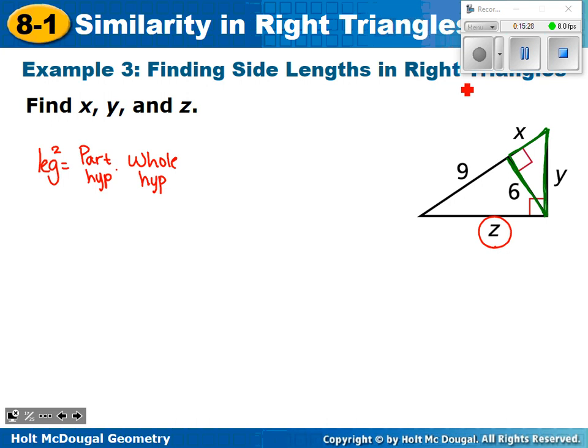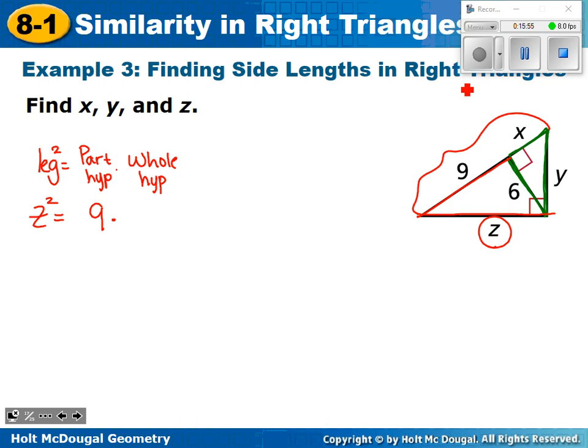So if I do this, then I'm going to have what squared? Z squared equals, what's the part of the hypotenuse that touches Z? Okay, your hypotenuse is the great big triangle. So here's my hypotenuse. What part touches Z? 9. So we would have Z squared equals 9 times. What's the whole hypotenuse?